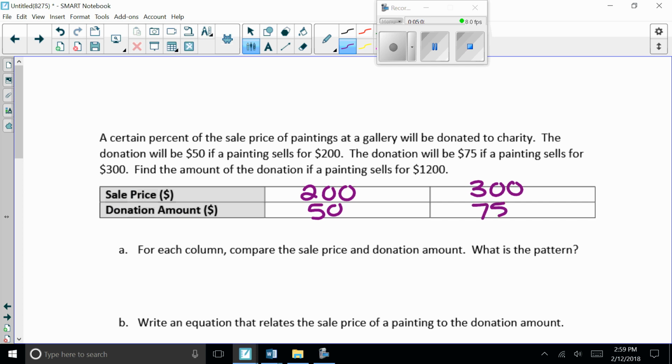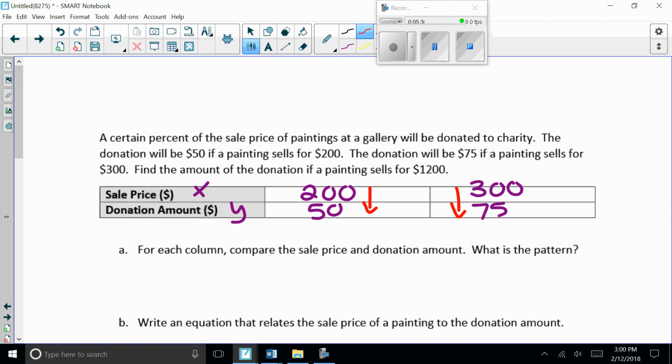I know that this is my X. Donation is dependent on it, so that is my Y. For each column, compare the sale price and donation amount. What is the pattern? So if I'm comparing 200 to my 50, 300 to my 75, I know that I'm either going to have to subtract or I'm going to have to divide to go lower.